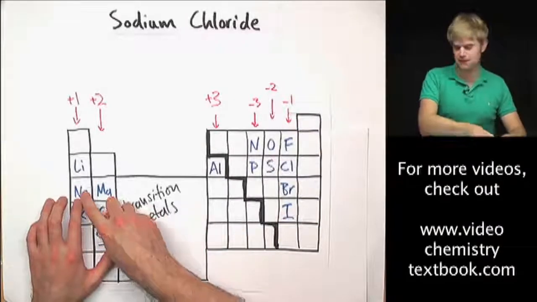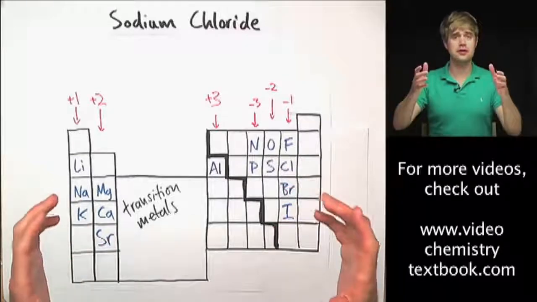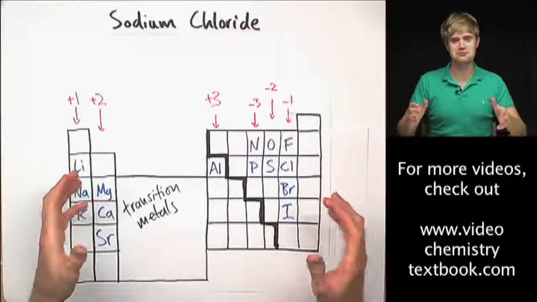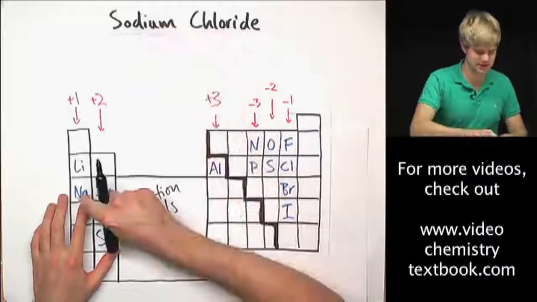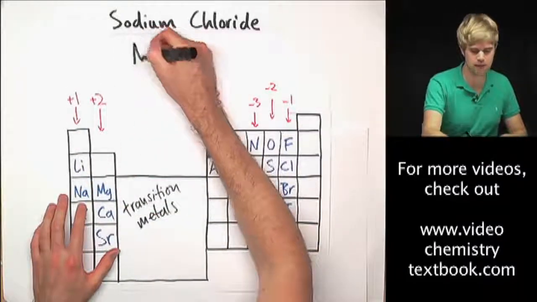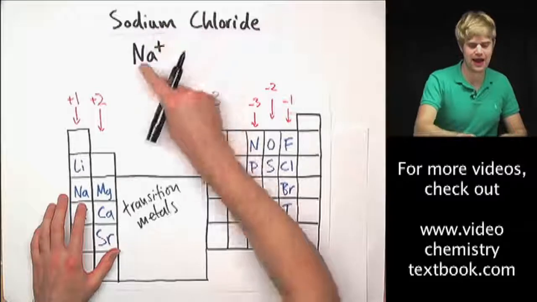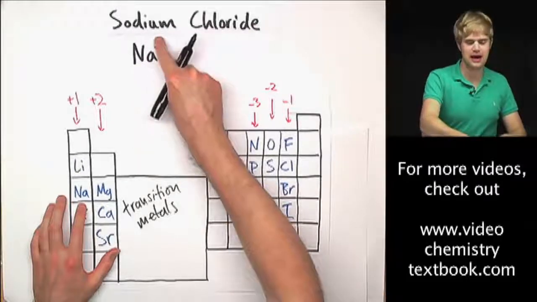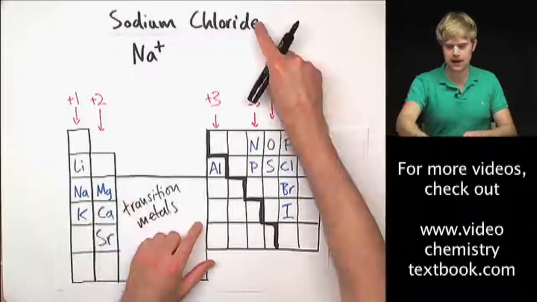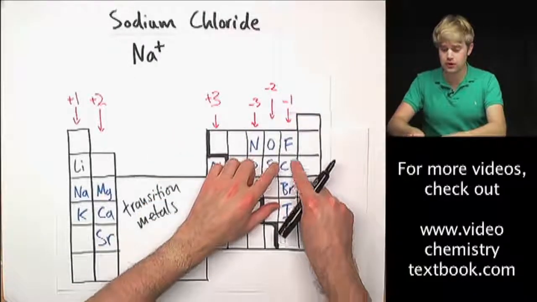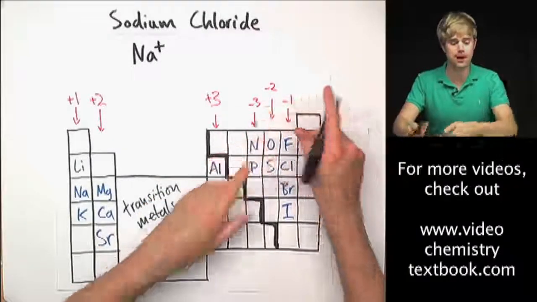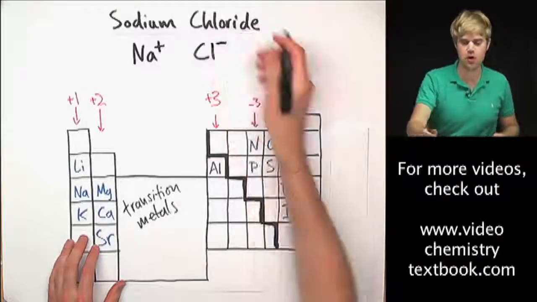We've got metal and nonmetal, so we're dealing with ionic compounds, which means the atoms have charges. Now I want to figure out what the charges are. As I said before, Na is in the 1 plus column, so an atom of sodium has a 1 plus charge here. And then chloride is what we call chlorine when it has a charge, and chlorine lives in this column, so it has a 1 minus charge. So Cl 1 minus.